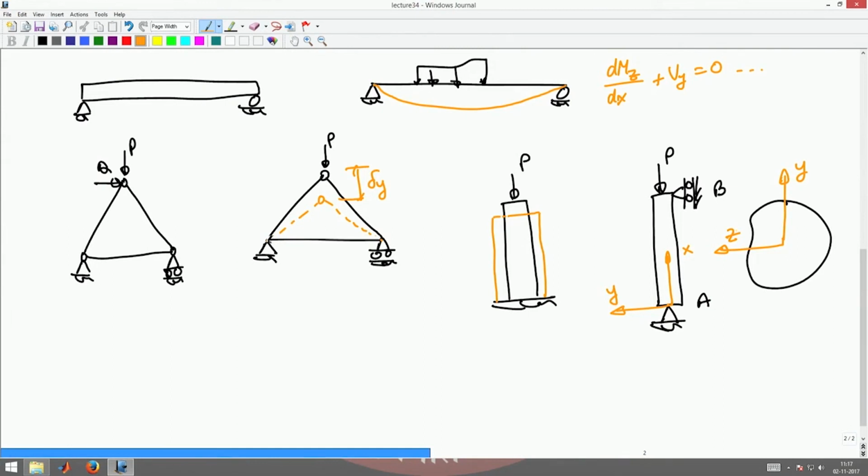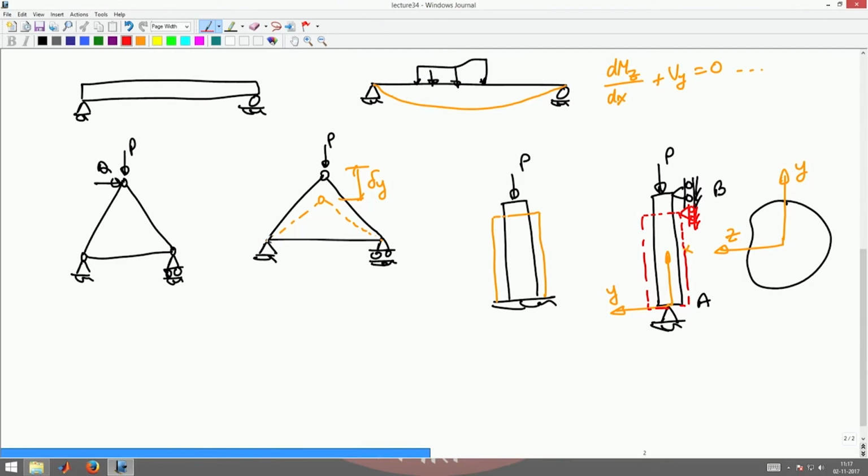Now you would expect this column to deform into some shape like this, wherein the roller moves down here and becomes a roller there, due to the applied load.